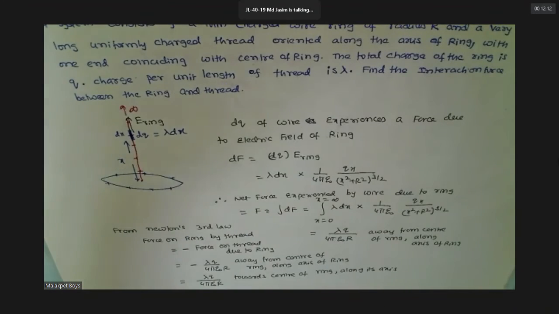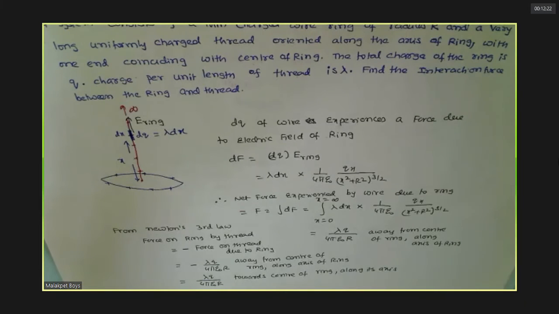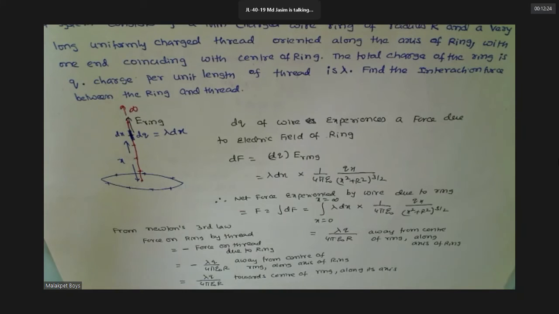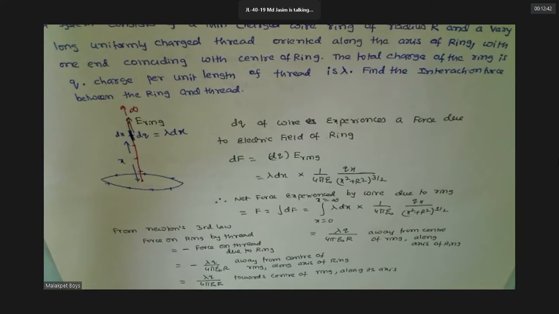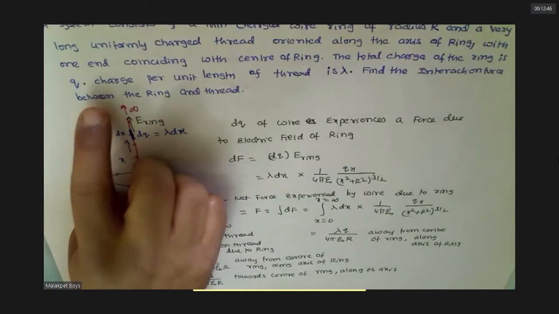Sir, one doubt, sir. Interaction force means the net force experienced by the wire due to the ring, sir. Then why are we taking the opposite, the force on the ring by the thread? He said between the ring and thread, no? Between means force on the ring by the thread or force on the thread by the ring.